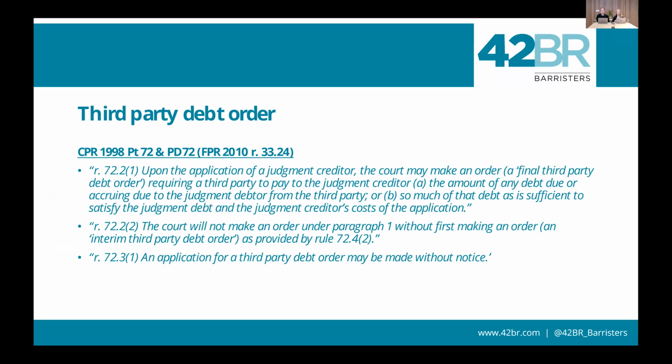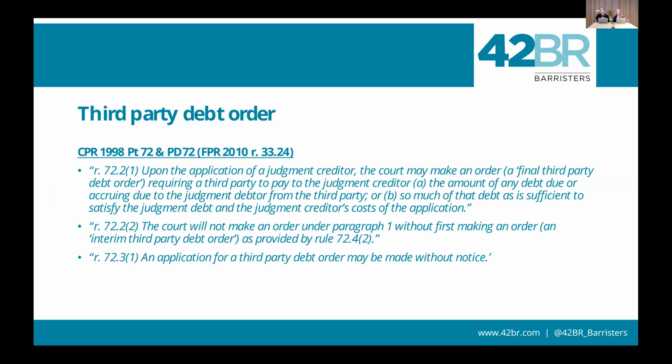In terms of the procedure, it's actually quite similar to how you would go about applying for a charging order. So you apply again without notice, again for pretty obvious reasons, that you don't want them to suddenly move that money. It's dealt with without a hearing, and the court may make an interim order that the third party must not reduce below a certain amount the money that they owe to the debtor, and then the court will also fix a hearing.